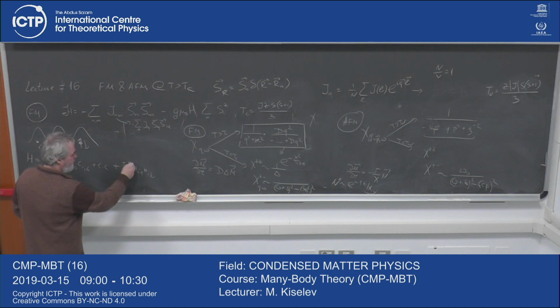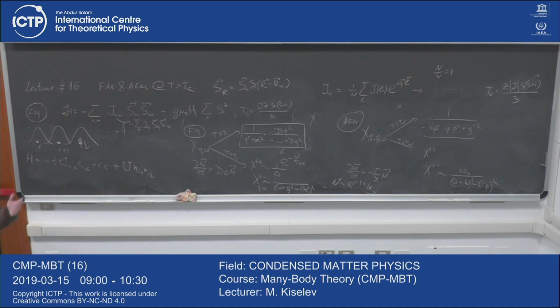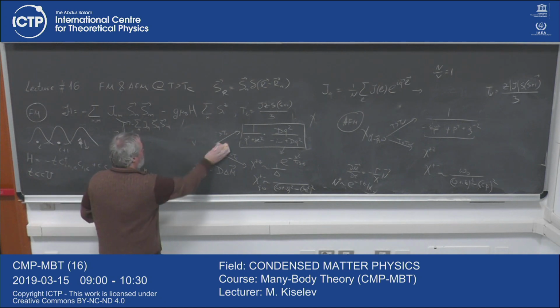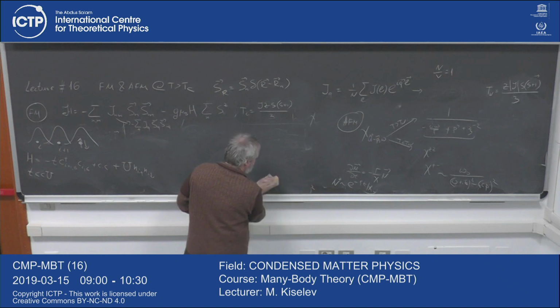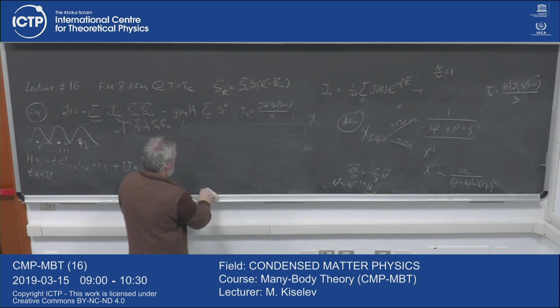So we describe this energy cost with the parameter U, the on-site Coulomb interaction. And if we are in the limit t much smaller than U, then the Coulomb interaction is the most important player in the game. Okay. So, what do we know about metals? Let me write a sort of density of states.